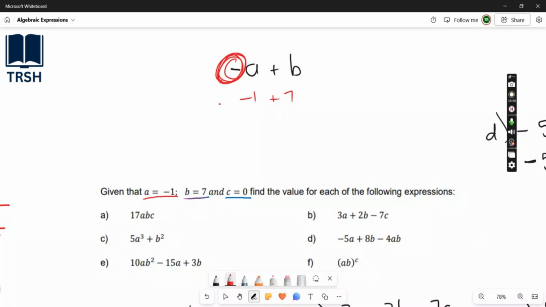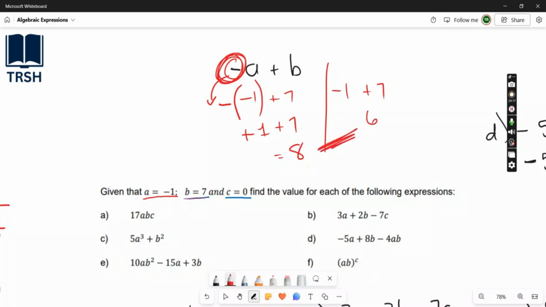So essentially we had to put a negative, then bracket, then your a value, and that now changes it to +1 plus 7. This will give us 8. Whereas if you literally just had -1 plus 7, that would have given you 6 actually.